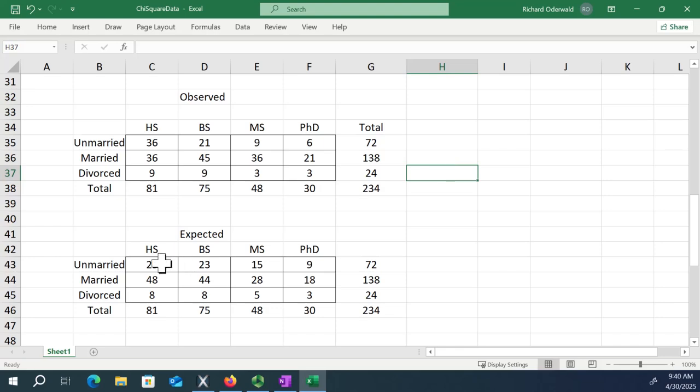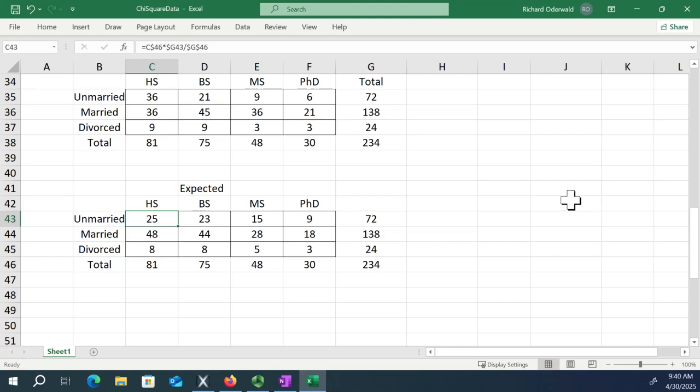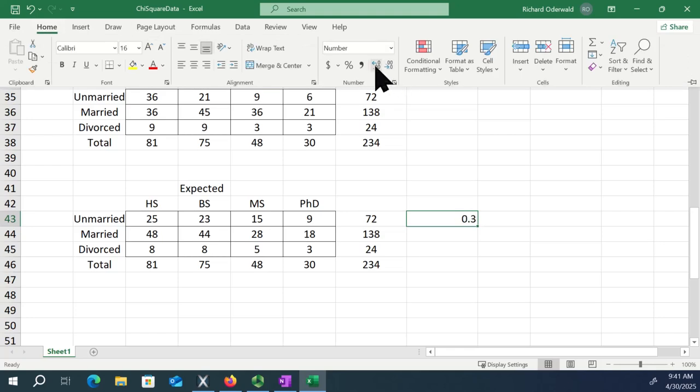This is the expected table. The 25 comes from 72 on this marginal total times 81 here divided by 234. And this is just like before. This is equals 72 out of 234, and we got it set for no decimals.